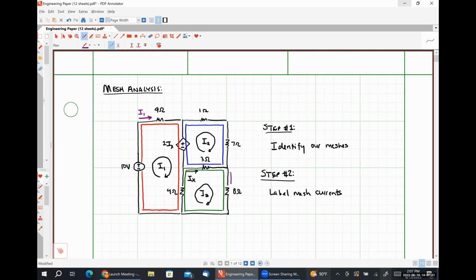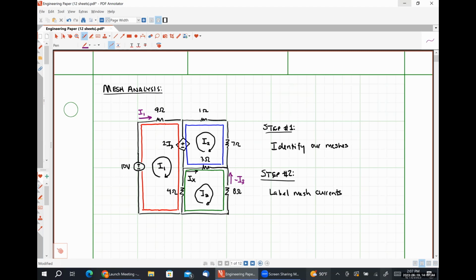This current right here would be the same as negative our mesh current I3, because as I3 flows around its clockwise path, it will flow from top to bottom through the 8 ohm resistor, and I have chosen this current flowing from bottom to top.